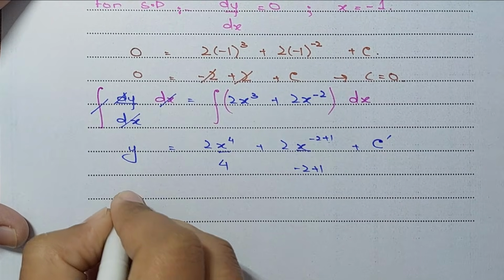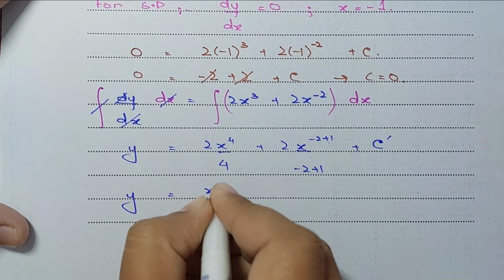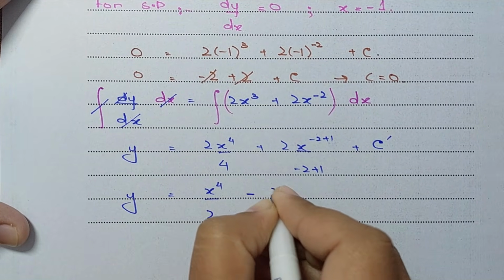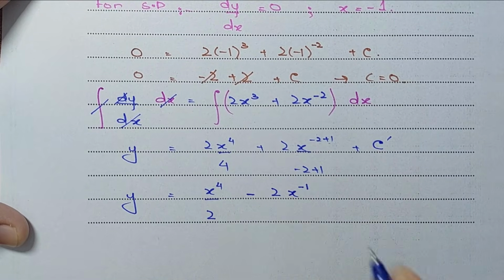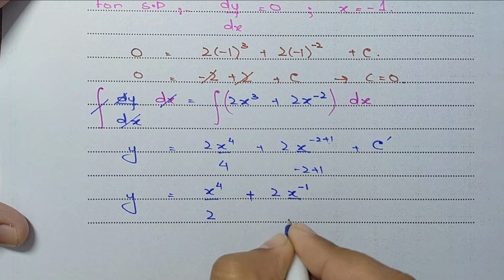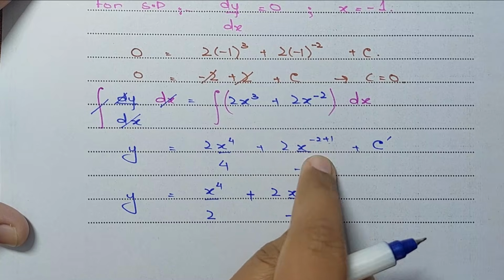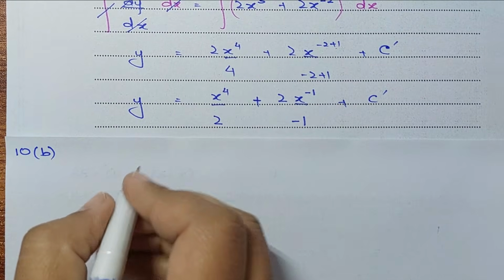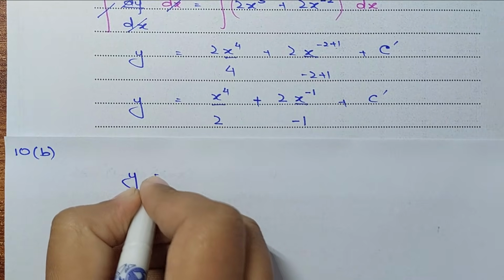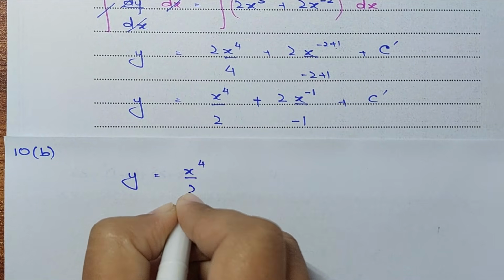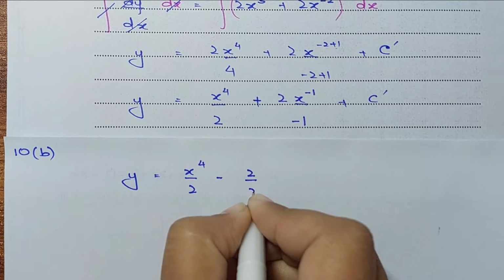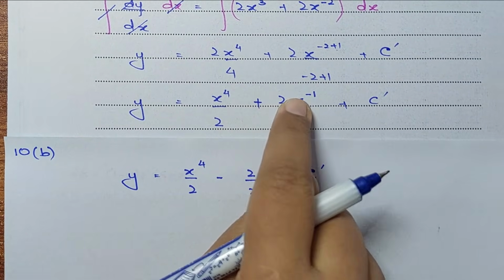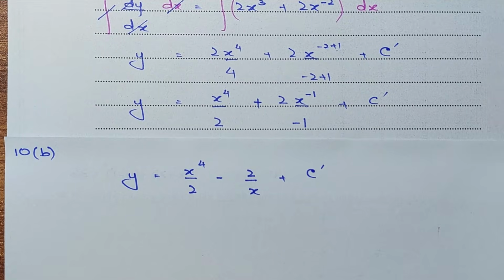Now y equals x to the 4 over 2, 2 times 1 is 2, 2 times 2 is 4, minus 2x to the power minus 1, and plus 2 divided by minus 1. Further simplification, we have y equals x to the 4 over 2 minus 2 over x plus the constant of integration. Minus 2 and this x shifted to the denominator becomes 1 over x, right?